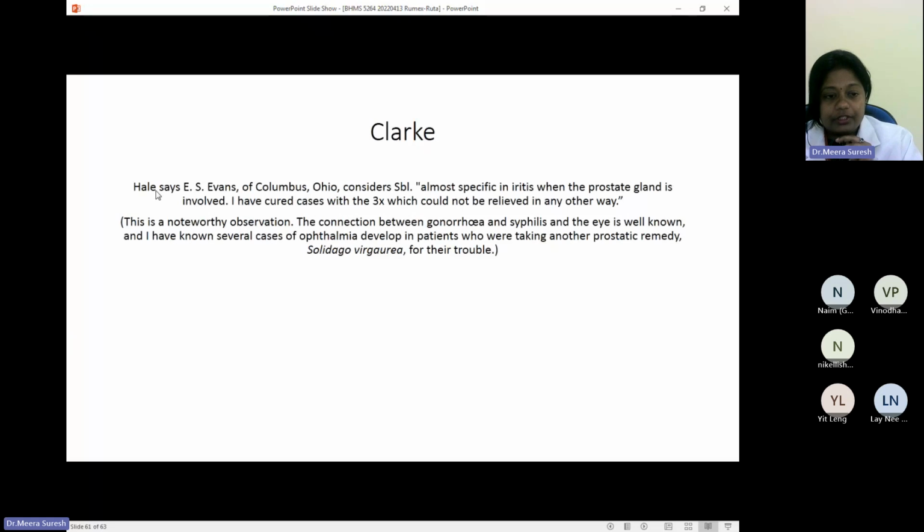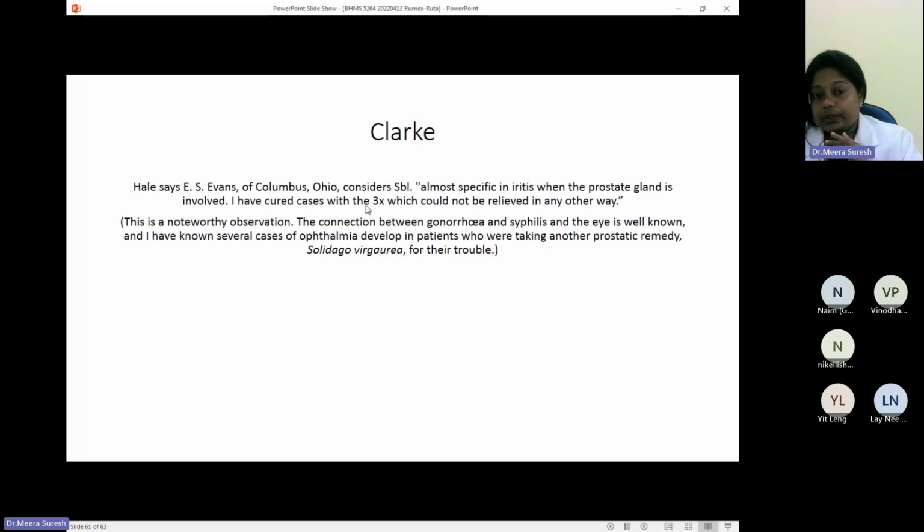This was a very different case, different from what we discussed earlier. This is iritis, when there is inflammation of the iris. Along with that, prostate complaints, Sabal serrulata is almost as specific. So Hale says, E.S. Evans of Columbus, Ohio, considers Sabal serrulata almost as specific in iritis when the prostate gland is involved.